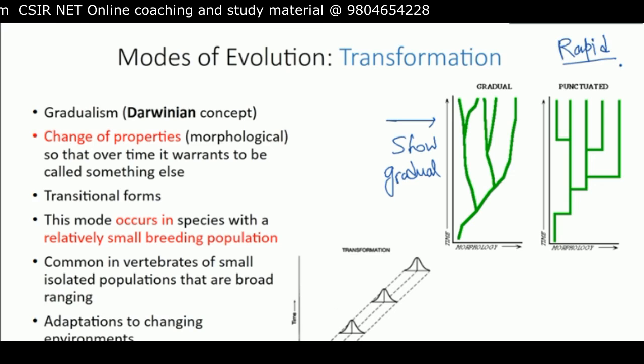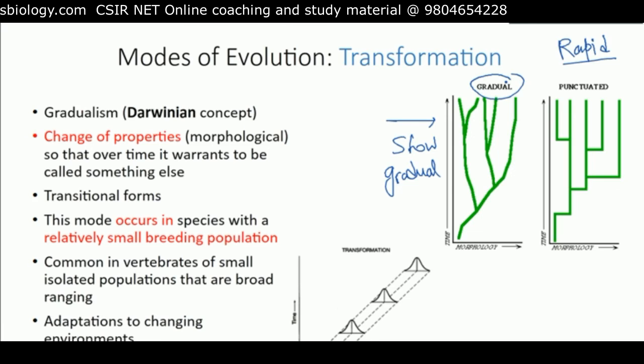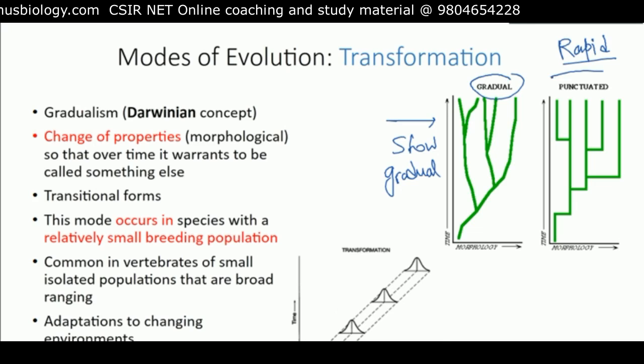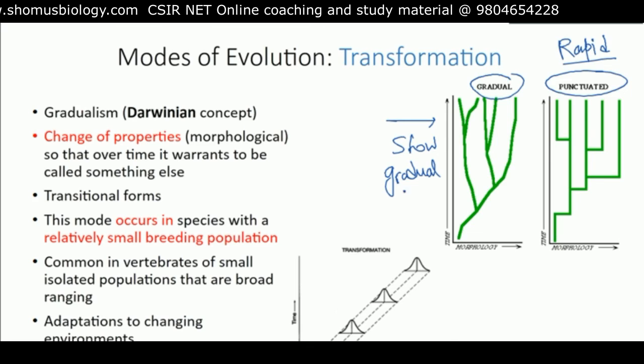These are the differences between the two. The one with very slow and gradual transformation, we call gradualism, or the gradualistic model of evolution, and the other one, which is of rapid change, we call the punctuated model, or punctuated equilibrium. Now, what are the differences between the two? If you look at this graph, it will be much clearer.